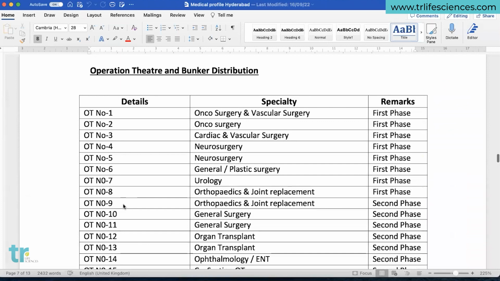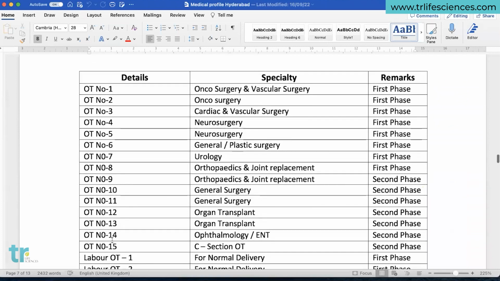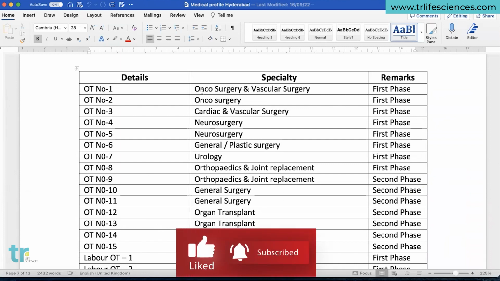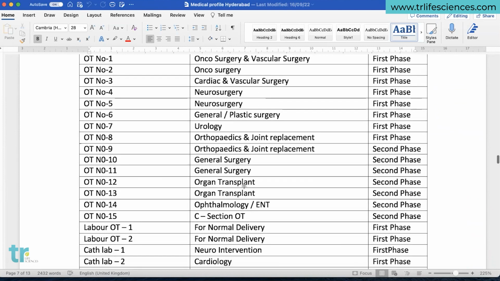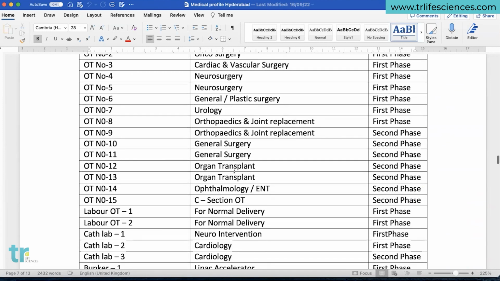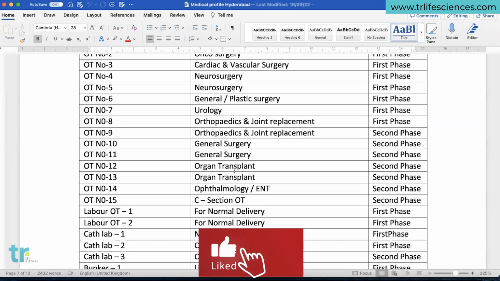The next detail is the operation theatres. A total of 15 operation theatres were proposed in this hospital. Some are dedicated without sharing, like onco surgery, cardiac, and neurosurgery, while general, urology, orthopedics, and general surgery are shared ones, and organ transplant is dedicated specifically. The organ transplant OTs will be interconnected with each other because one OT will be used for the donor and one OT for the recipient.